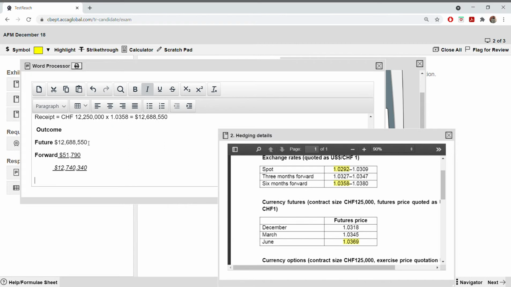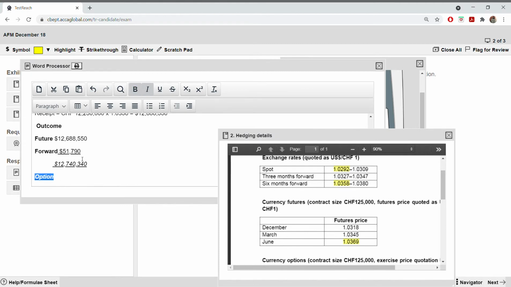Okay, the next is what? Option. Option is the next. Bold it here when you go to option.